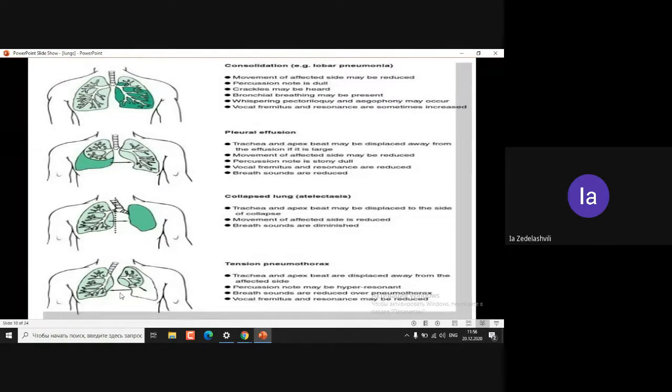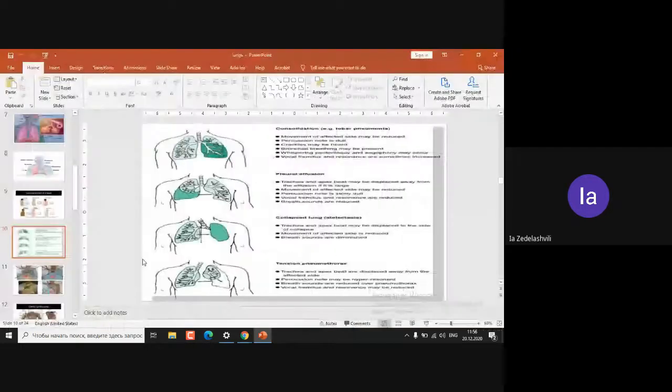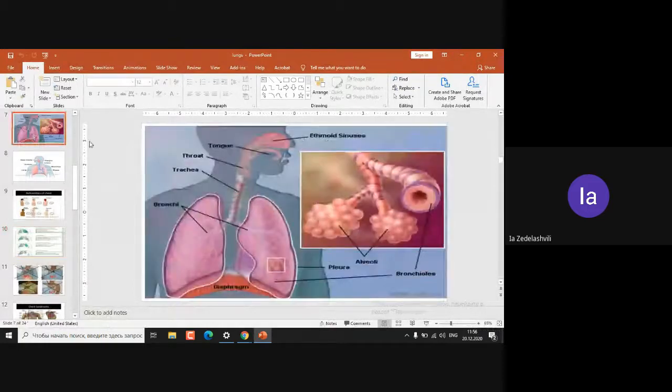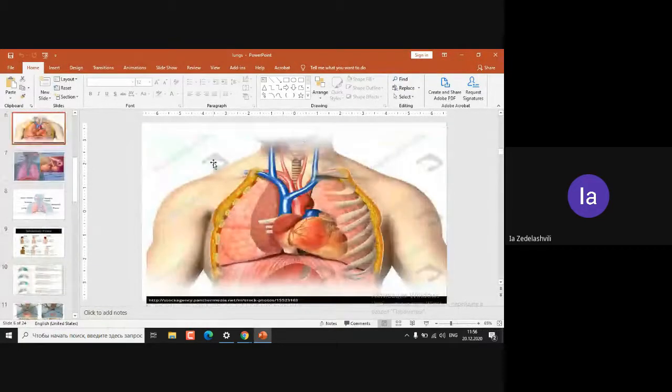See, traumatic pneumothorax as well will have a change in the position of the trachea. It goes to the affected side. See? Okay. So that's why we check the trachea first, in the middle line of our body.